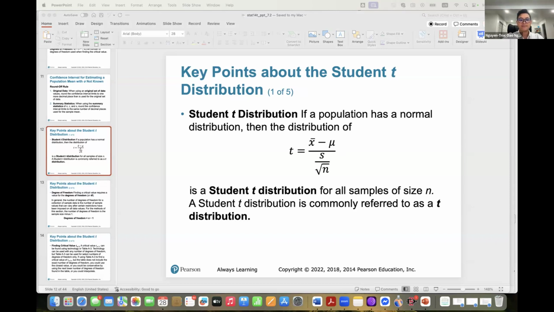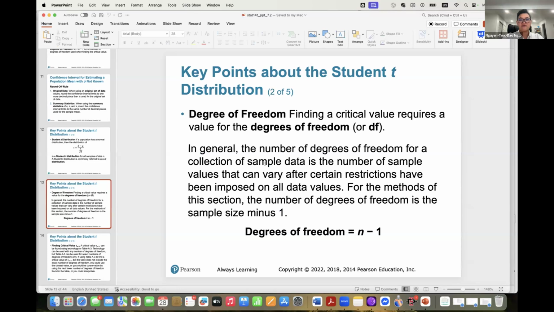Now let's see how to calculate the degrees of freedom. Finding a critical value requires a value for the degrees of freedom, df, and df is normally just n minus 1. In general, the number of degrees of freedom for a collection of sample data is the number of sample values that can vary after certain restrictions have been imposed on all data values.